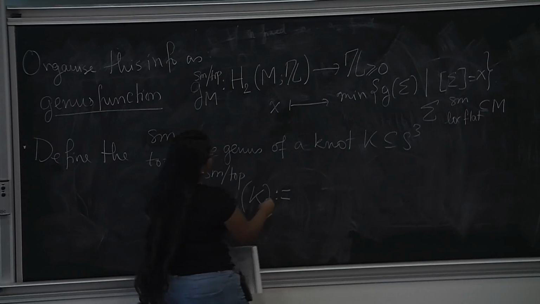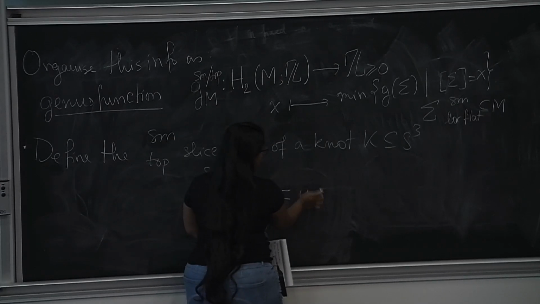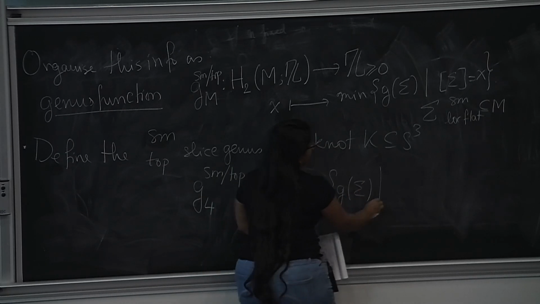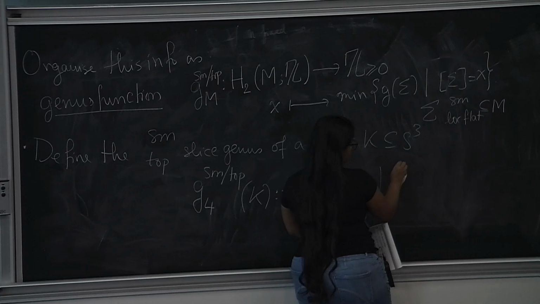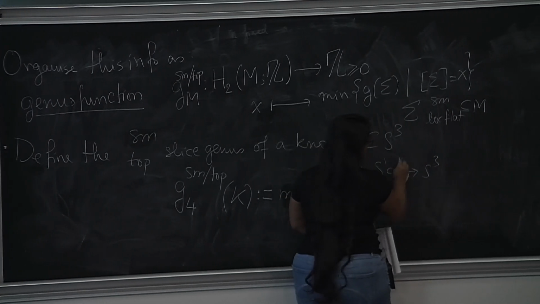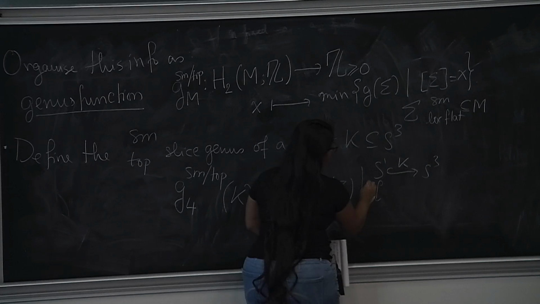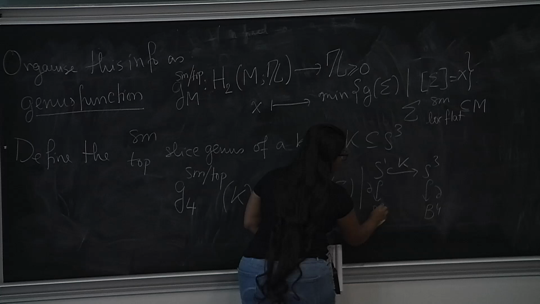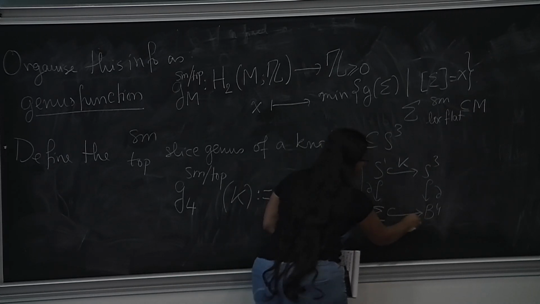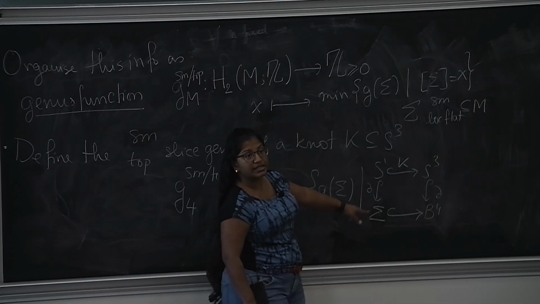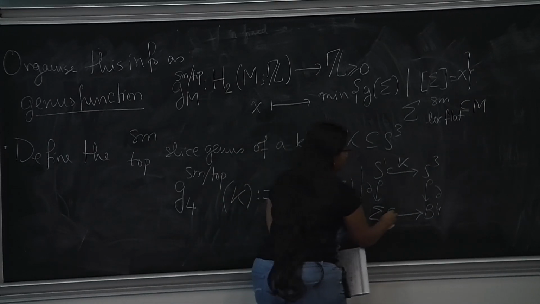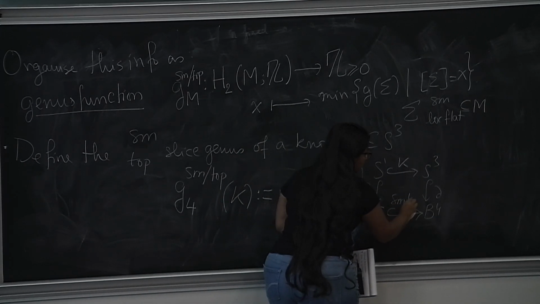By definition, this is going to be the minimum genus of sigma, such that we have S1 going into S3, that's my original knot K, and as before we have these boundaries. This is just in B4. There's that surface sigma in B4 bounding my original knot K, and this will be either smooth or locally flat.